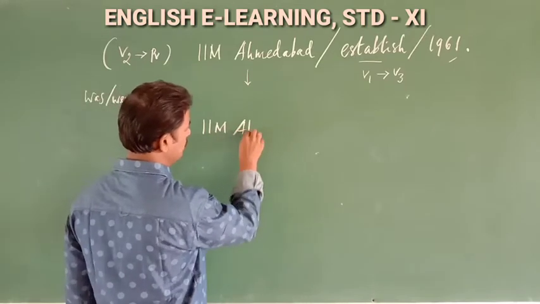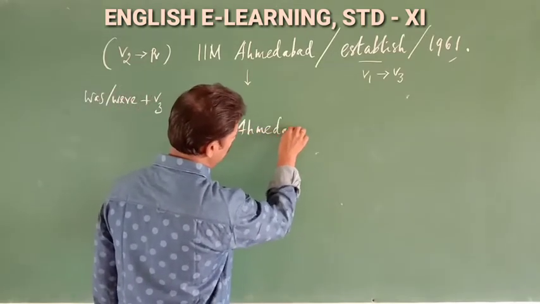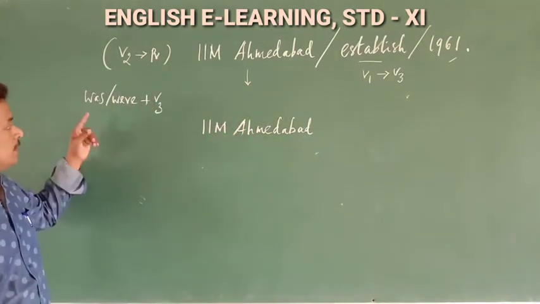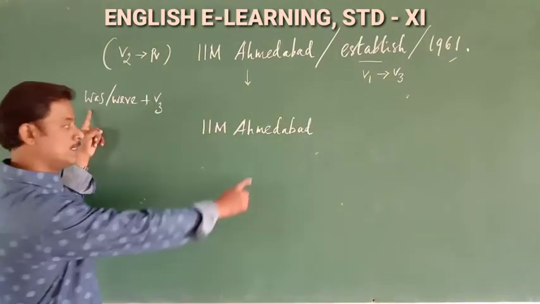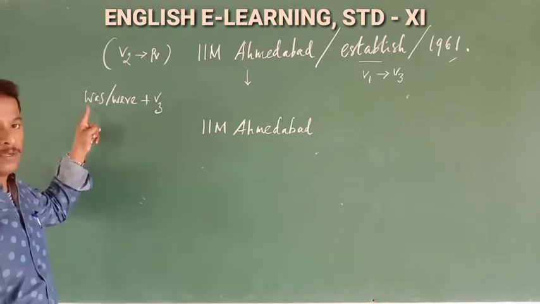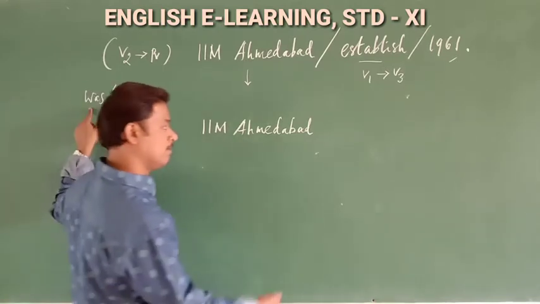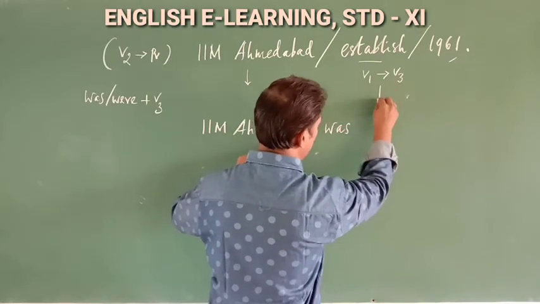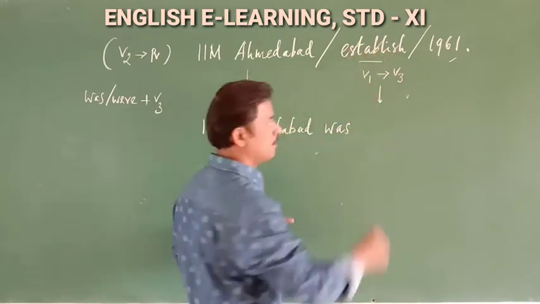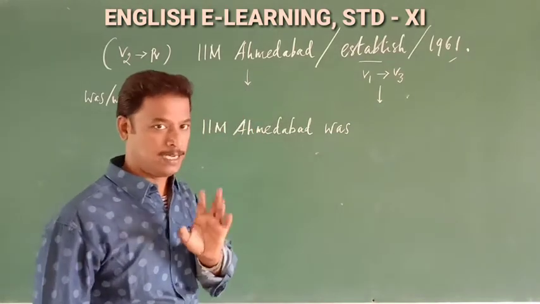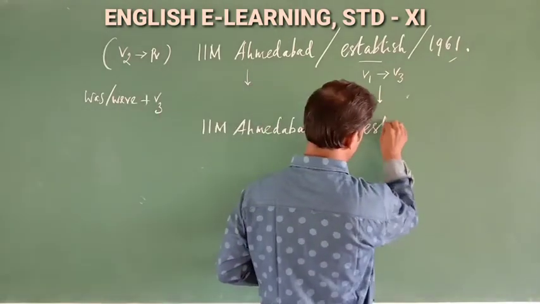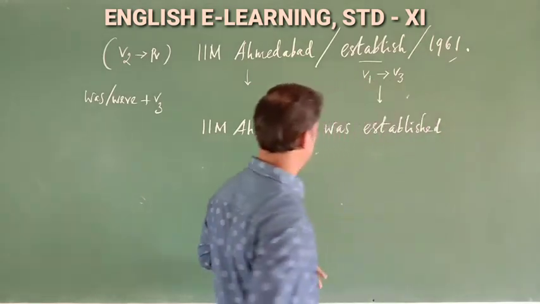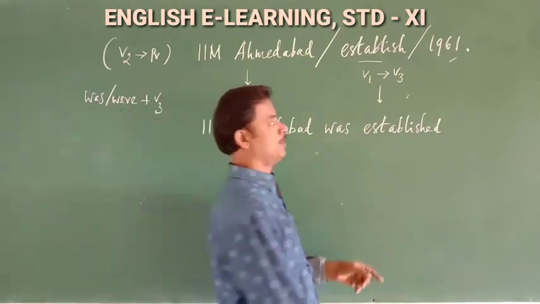IIM Ahmedabad. We must select the singular verb because the subject is in singular. So you are going to use the singular verb only. Ahmedabad was. The verb 3 of this verb establish is established. Again, Ahmedabad was established.